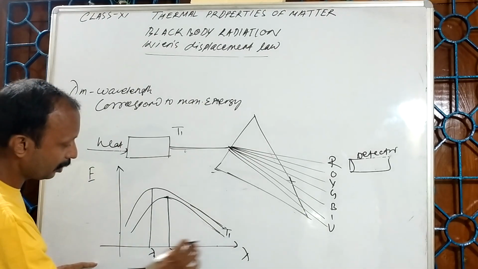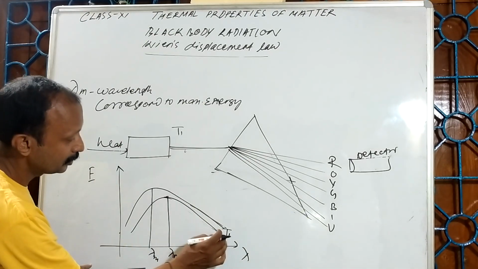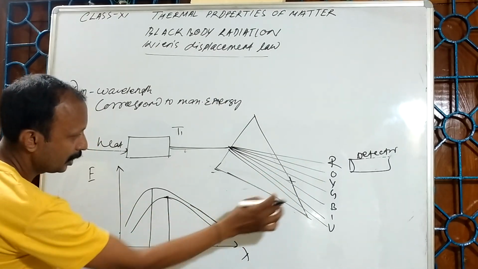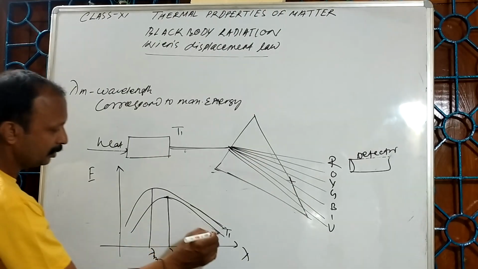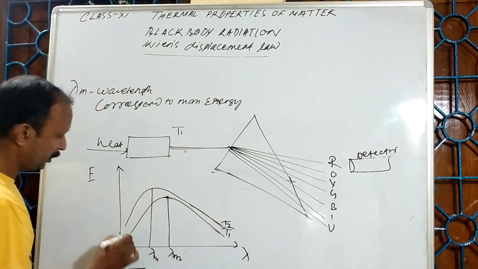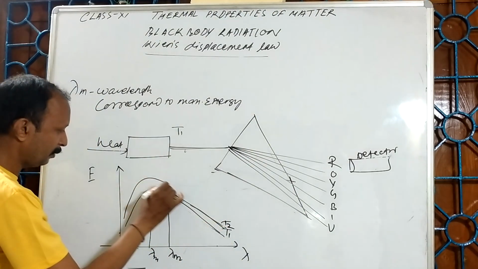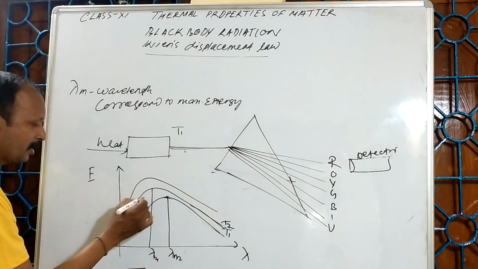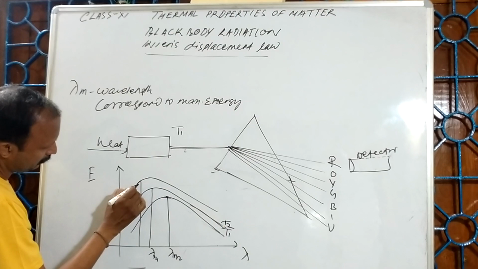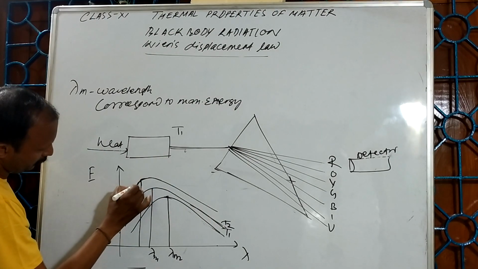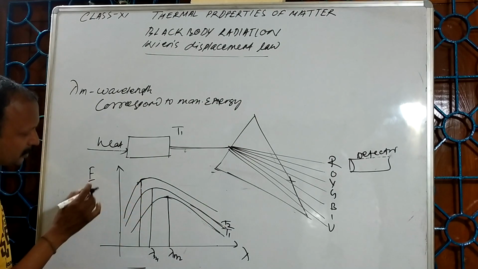I have taken wavelength on the x-axis. I started from red and reached violet. The graph became like that. Similarly, suppose this is the temperature T2. If I again change the temperature, I shall get a graph like this. You can say this is the maximum height.